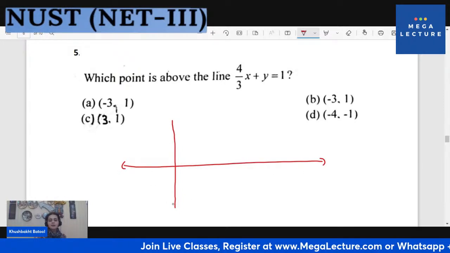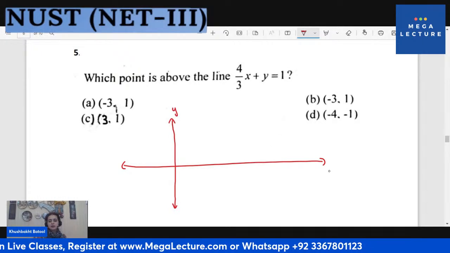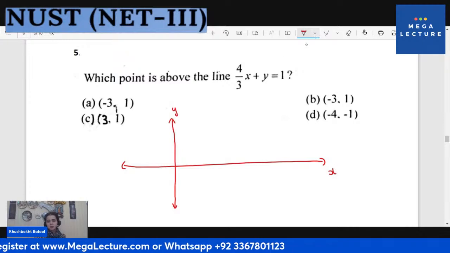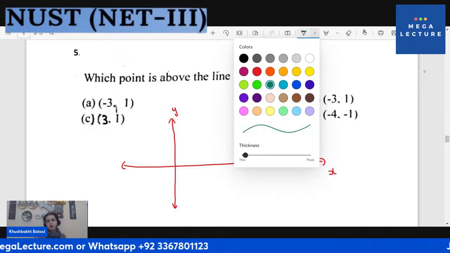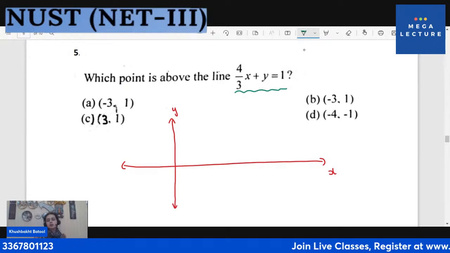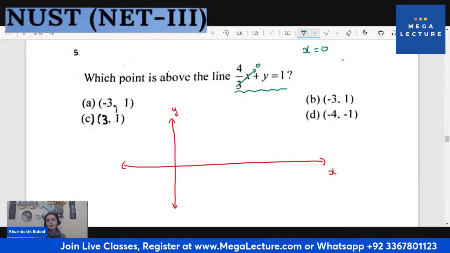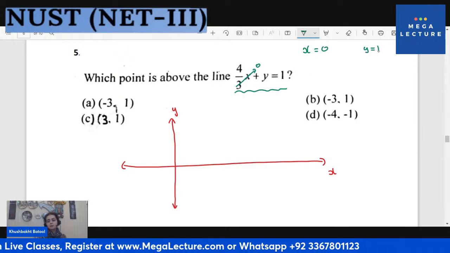Okay, now let's say if you have no idea about lines and stuff like that, which I'm pretty sure won't be the case, but worst case scenario, this is your equation. Just plug in x equals 0. Plugging in x equals 0 would make this 0, and it would give you y equals 1.